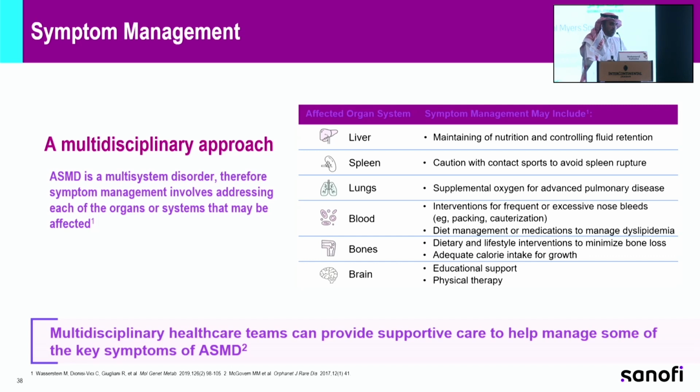If the patient has low oxygen, we need oxygen supplementation. Sometimes intervention by ENT is needed to control bleeding, especially as most patients present with epistaxis. They need day-to-day and lifelong intervention, education support and physical therapy.